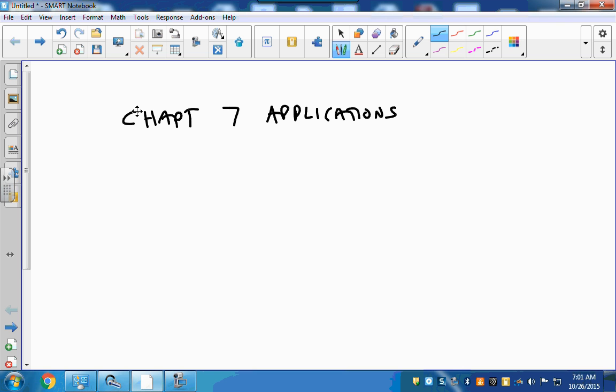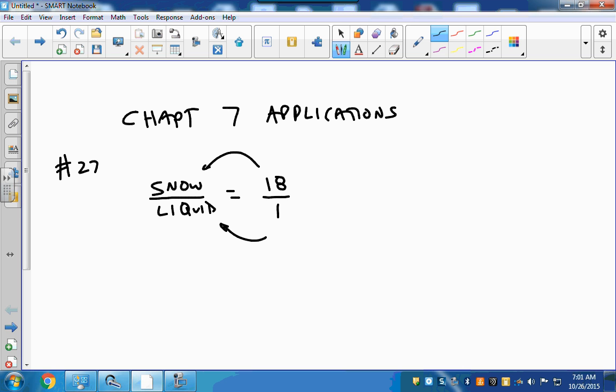If you look at homework problem number 27, it talks about a dry snow might have a snow to liquid ratio of 18 to 1. I guess that means 1 inch of liquid makes 18 inches of snow.